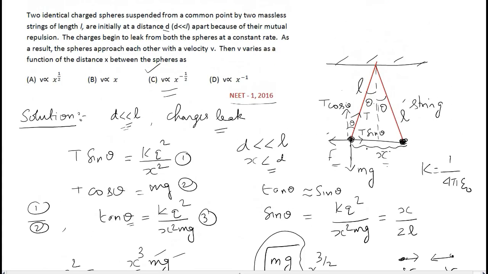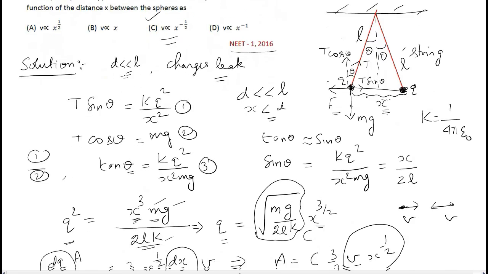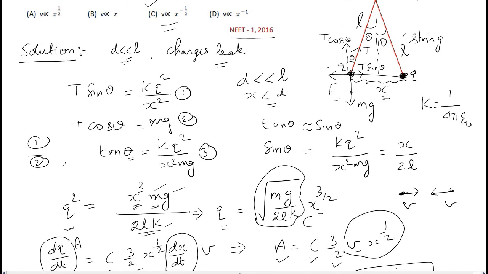Okay, so how did we proceed? Initially the distance was d, then the charges started leaking, so they are coming closer, so there is a distance x. At some instant of time, if you assume the charge to be q and distance to be x, then you find the relation between q and x, assuming they are constant.